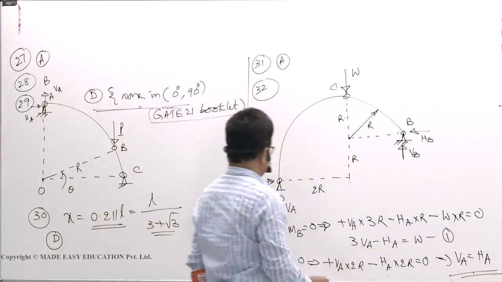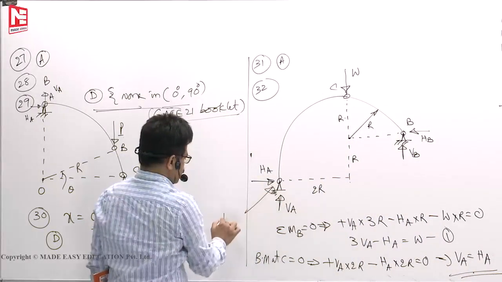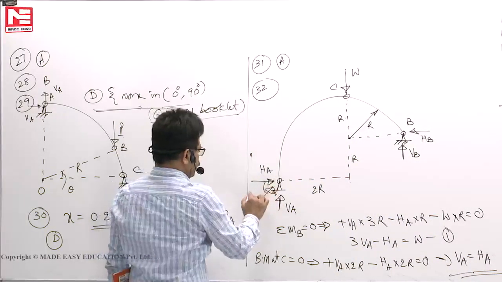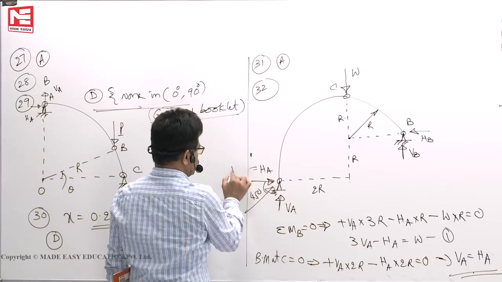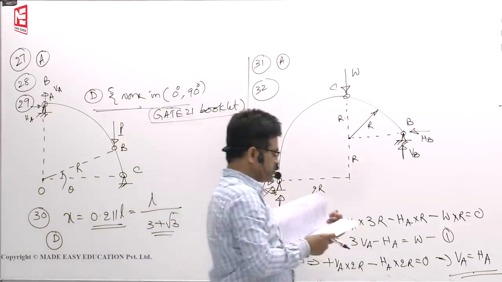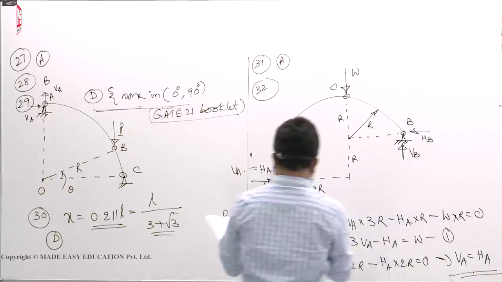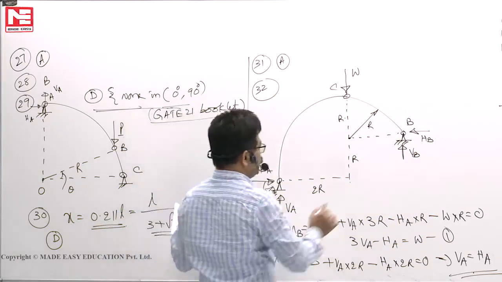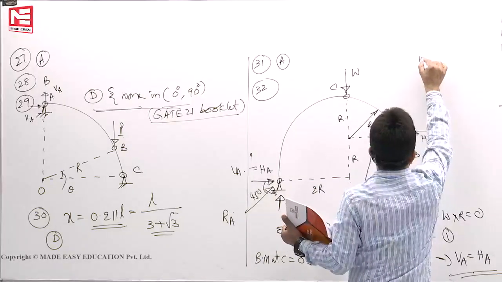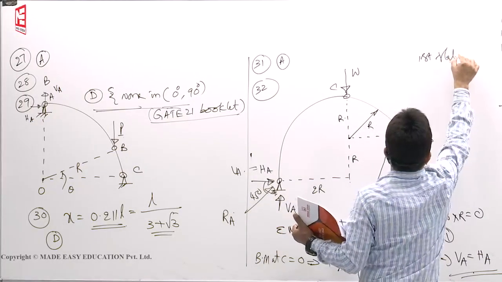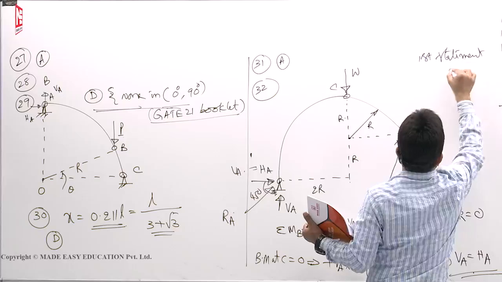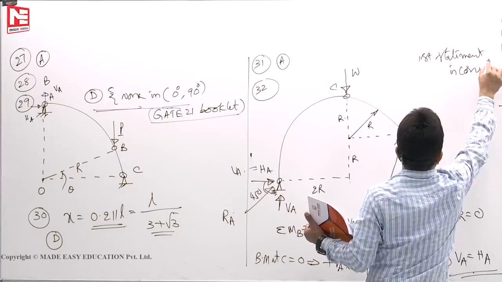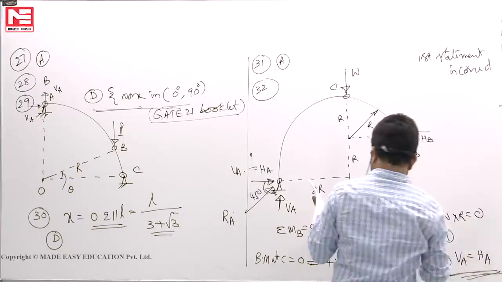That means the reaction RA is inclined at an angle of 45 degrees because HA is nothing but VA. So first statement, line of action of RA at A is inclined at 45 degrees with horizontal. First statement is correct because VA is equal to HA, we got it.